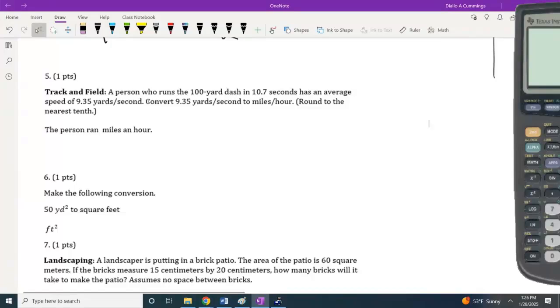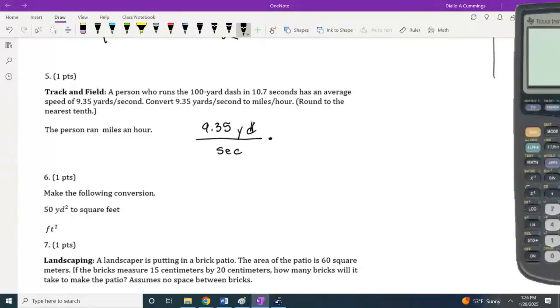So what they're doing is giving us the speed of that person running the 100-yard dash. We have to convert 9.35 yards per second to miles per hour. So this 9.35 yards per second, right?